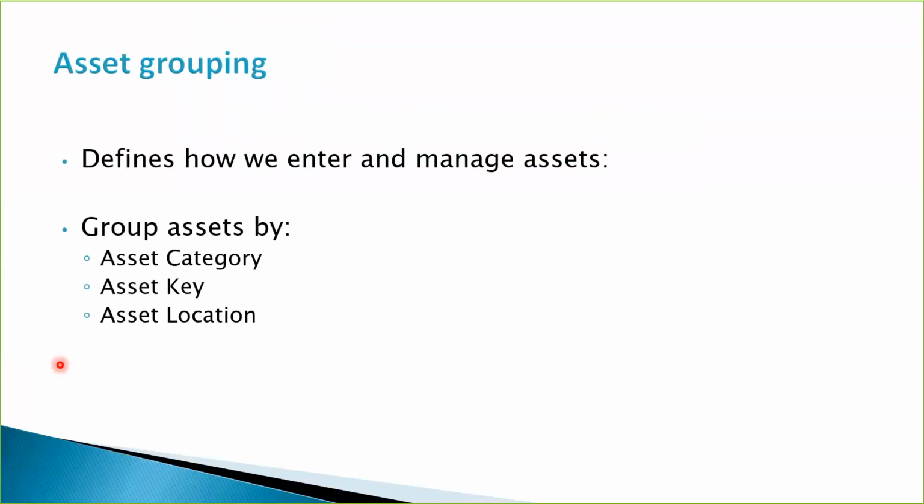And the three ways in which we can group these assets is by their asset category, their asset key, and the location. So we are going to look at each of these groupings and what they mean as far as the asset is concerned, and what we can be able to do with that information. All right. So there are three ways to group assets: by asset category, by asset key, and by asset location.